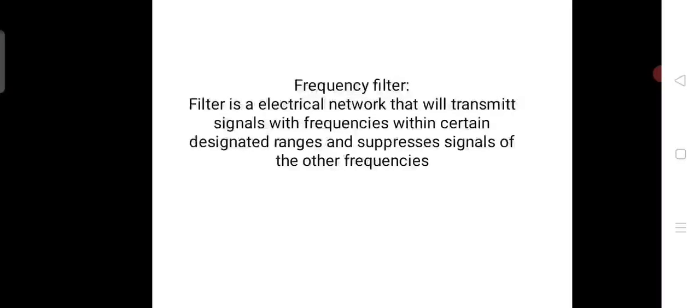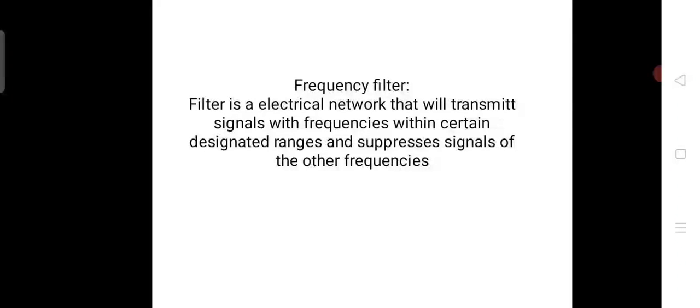A frequency filter is nothing but an electrical network that will transmit signals with frequency within a certain designated range and suppress signals of other frequencies. This means the frequency filter allows a certain range of frequencies to pass. A decided range of frequencies is allowed and other frequencies are removed or suppressed.